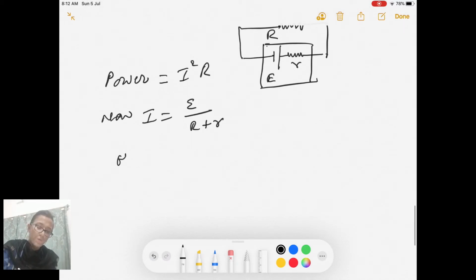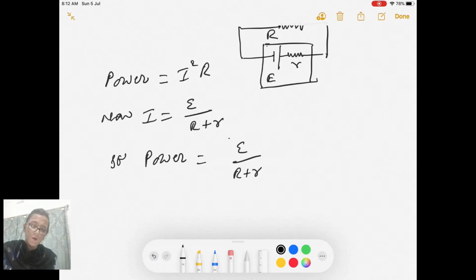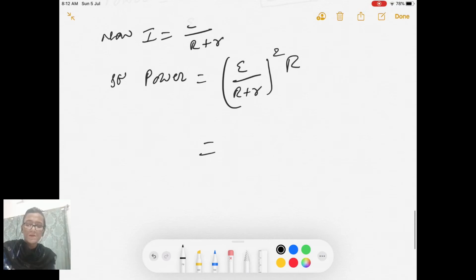So power is equal to E upon R plus r whole square into R. This is equal to E square R upon R plus r whole square.